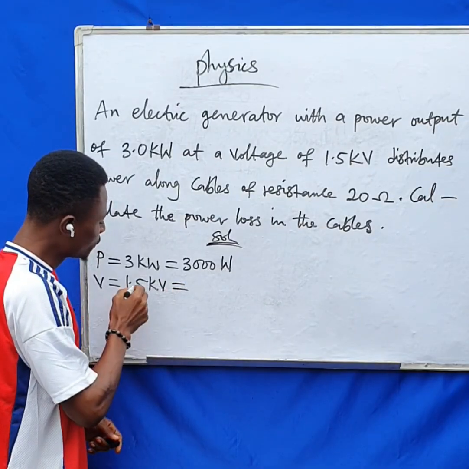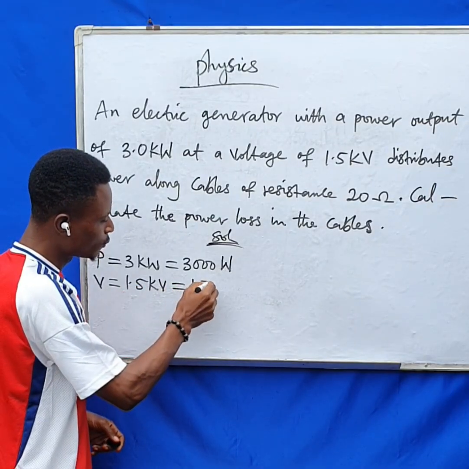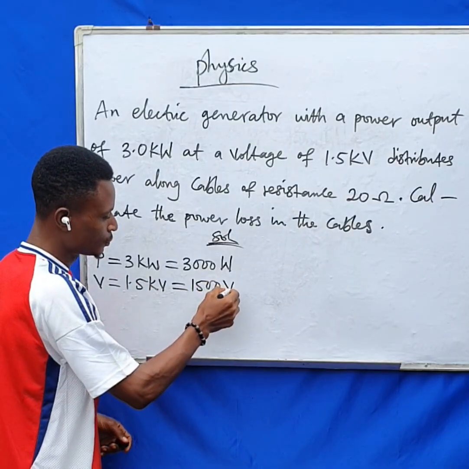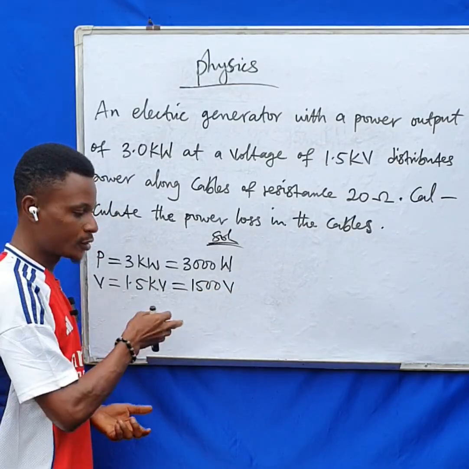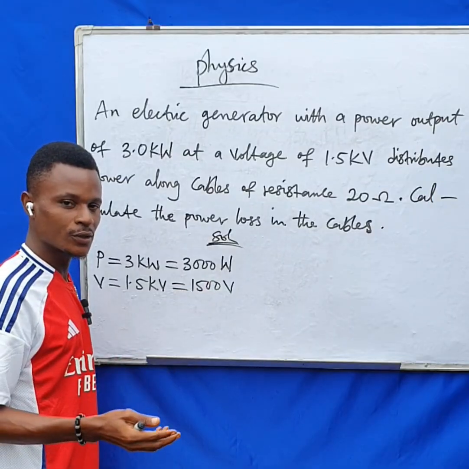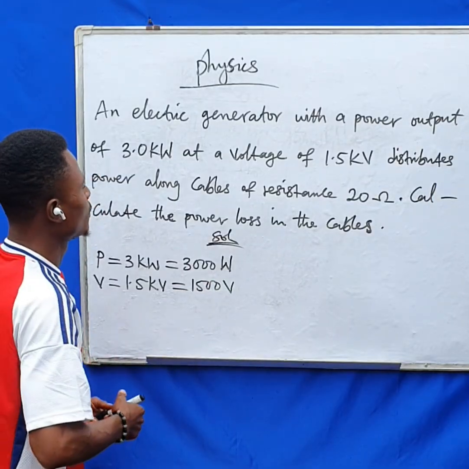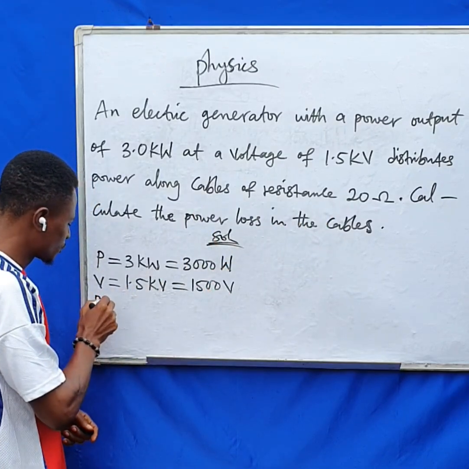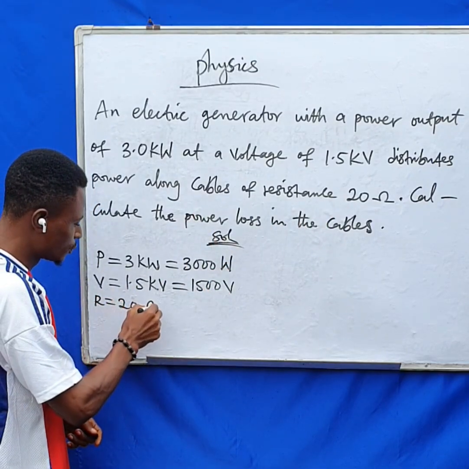If we do that, 1.5 times 1000 will give us 1500 volts. You can confirm these answers with your calculator. Now, we are given resistance R as 20 ohms.